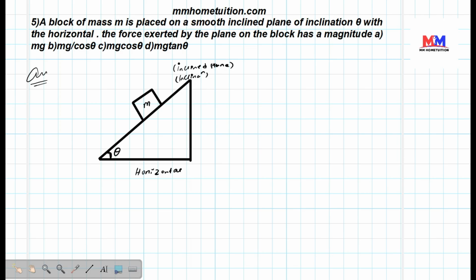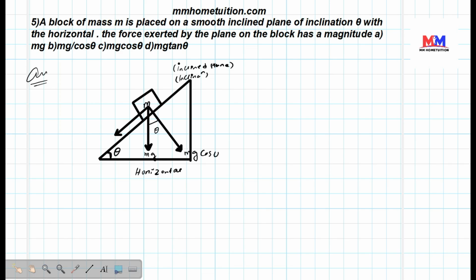Mass is m, weight is mg. If weight is mg, it has two components: one is mg cos theta, another one is mg sin theta. As this angle is theta, this angle is also theta. So this is mg cos theta, and this is mg sin theta.